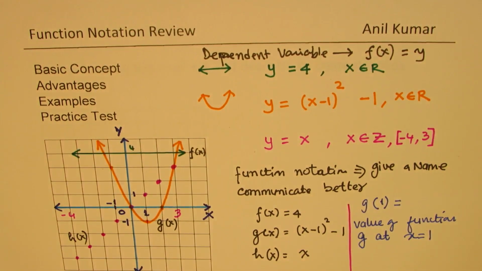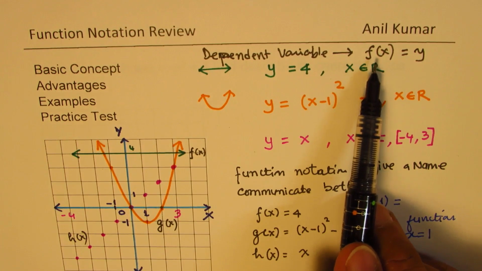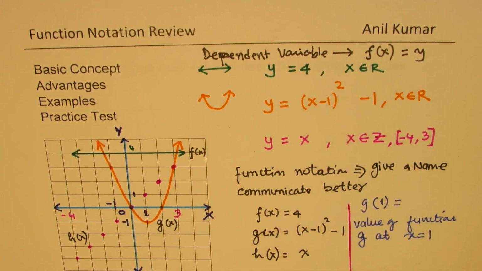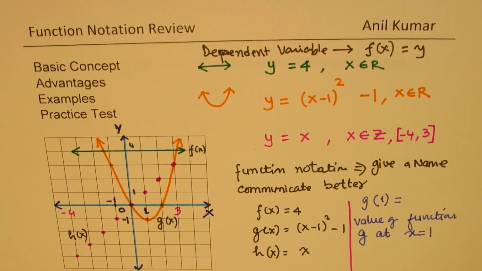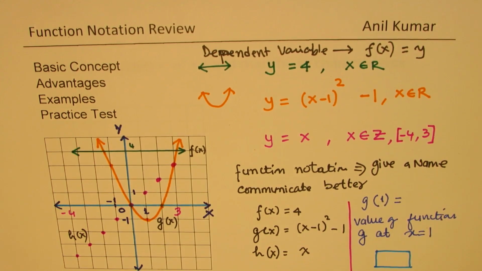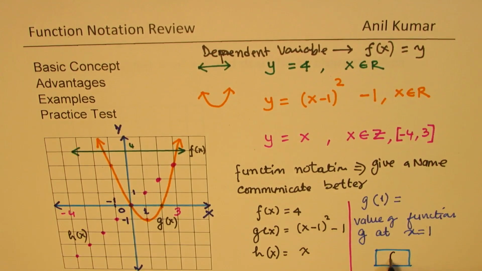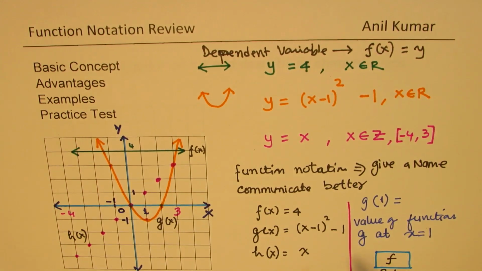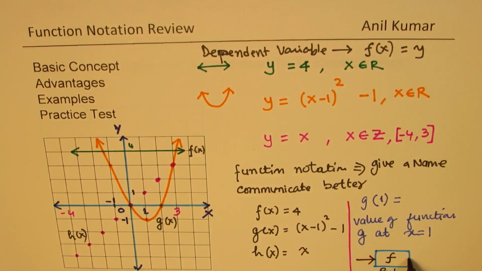Right. So whenever we define a variable, f is the rule. So now we can say that in general, f is the rule, right? And to this rule, we are giving some inputs and getting some output.